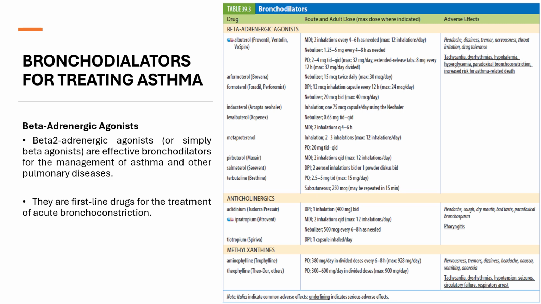For this reason, they are sometimes referred to as rescue drugs. Their effects, however, last only 2 to 6 hours, and the use of short-acting medications is generally limited to as needed, pro re nata or PRN, management of acute episodes.